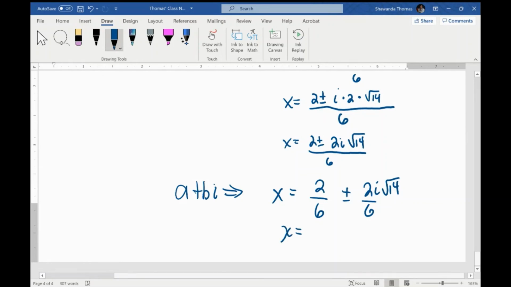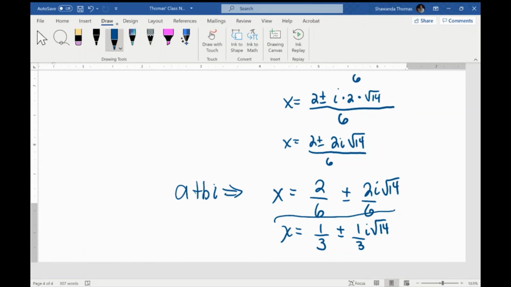What is 2 over 6? 1/3, since the lower number is in the denominator. Plus or minus, and then you can put 1/3 again if you want, times i times the square root of 14. There's a lot of different ways you could write that, but that's one of the ways.